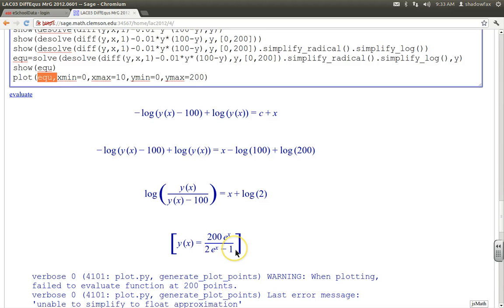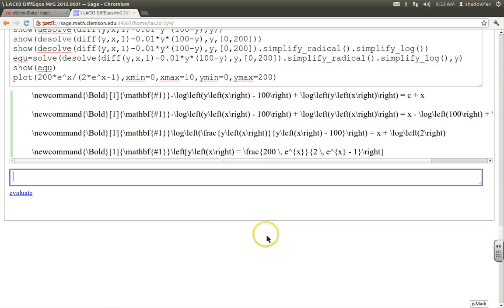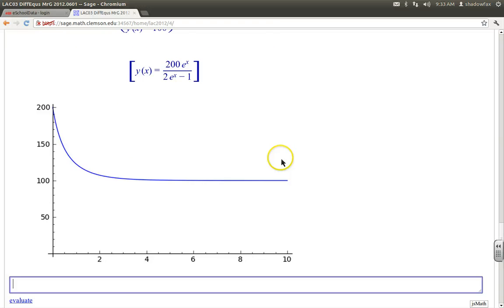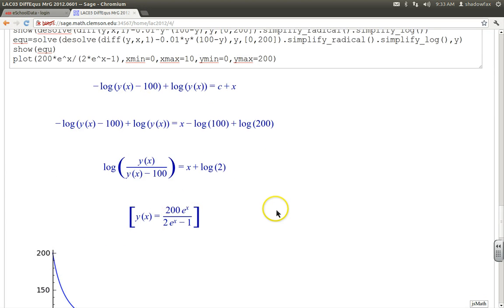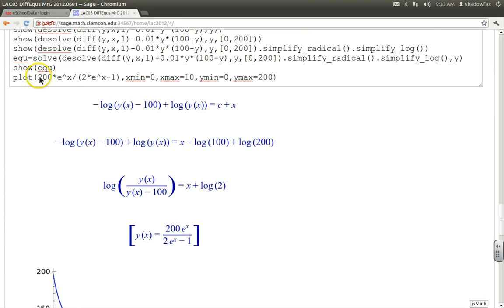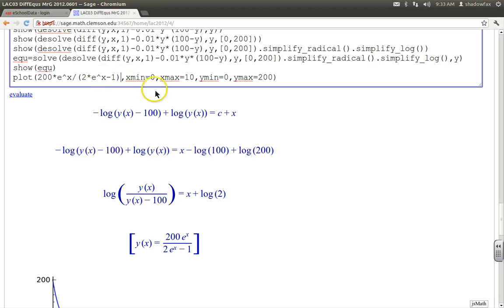It's 200 times e to the x divided by quantity 2 times e to the x minus 1. Close the denominator. There's a comma there. Let's see, can I graph it now? There it is. Okay. I don't know why it couldn't graph this directly, but I just typed it in, and there you go, it graphed.